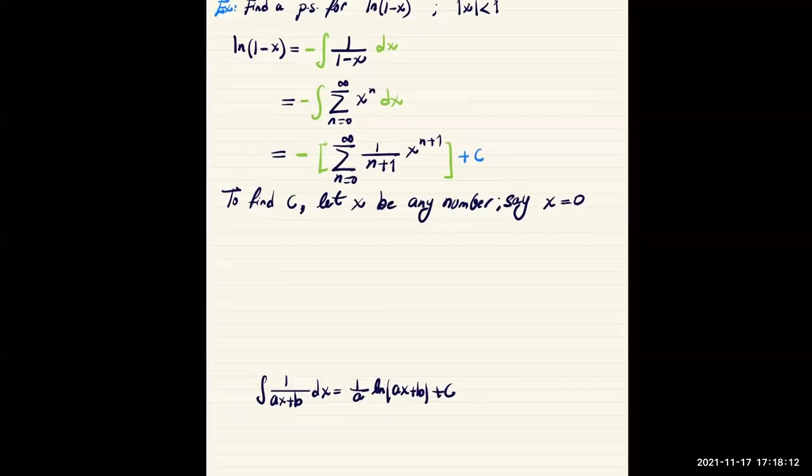Plug 0 into x, and we get on the left hand side ln of 1 minus 0. On the right hand side, we have the negative of the power series of 1 over n plus 1 times 0 to the n plus 1, where n goes from 0 to infinity, plus c.